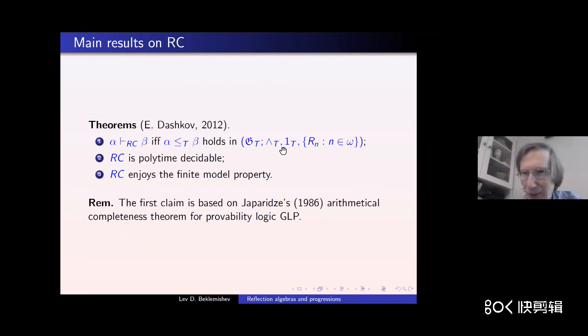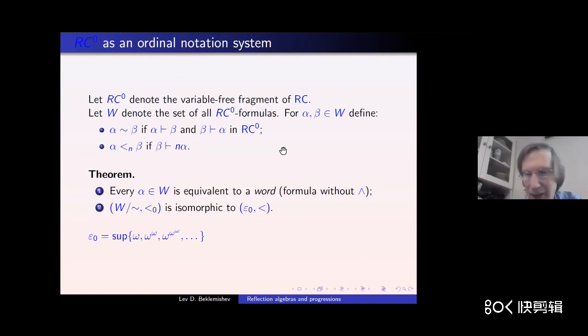And then we look at the variable-free formulas, and discover that this structure, in fact, looks like an ordering, like a well ordering, and we can even show that it is isomorphic to epsilon naught. If we were not interested in Cantor normal forms, for example, we could have said that, whatever, we know that it is a well ordering and we are satisfied.